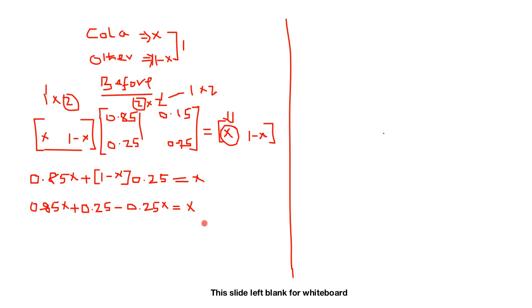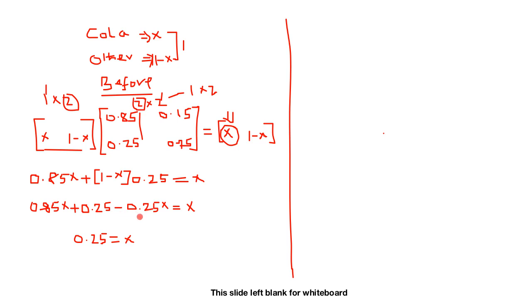The next step will be to collect the like terms. The x's, all of them, we take to the other side. So on this side, we'll have 0.25, then we equate this to x. Then this positive 0.85x, if it crosses the equal sign, becomes negative.